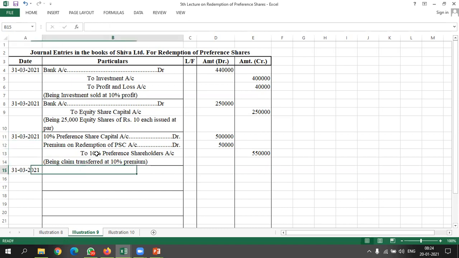After this, next entry is providing a premium, and we have a general reserve account. So we will write general reserve account debited to premium on redemption of preference share capital account.